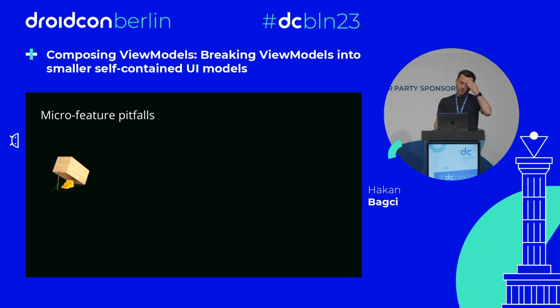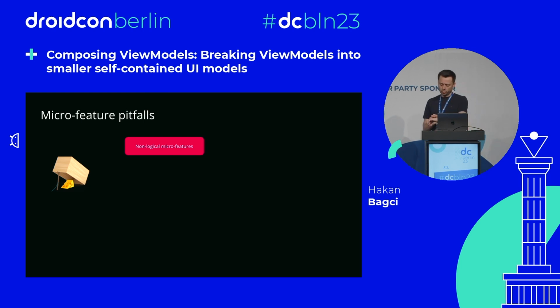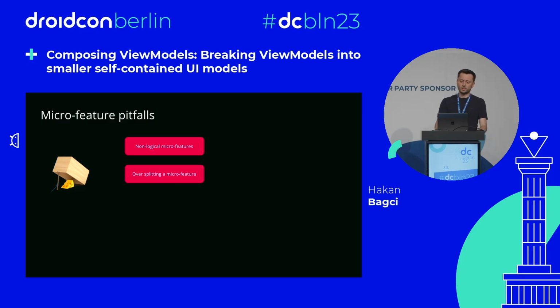The microfeature architecture, of course, is not a silver bullet in the end. While using it, there are several pitfalls, similar to any other UI architecture. I just want to go over some of these pitfalls here. A microfeature should be a logical group, and it should mean something from a business domain perspective. So it's not good practice to oversplit the features into several microfeatures if they don't mean anything by themselves.